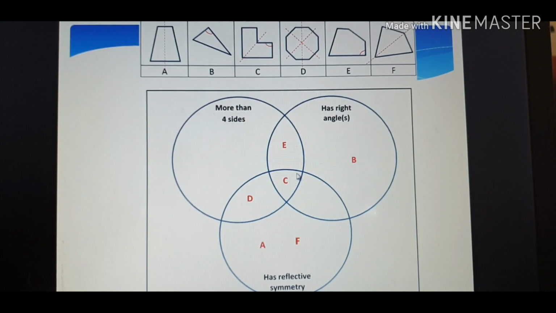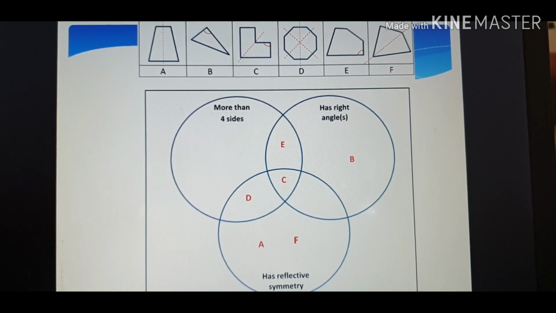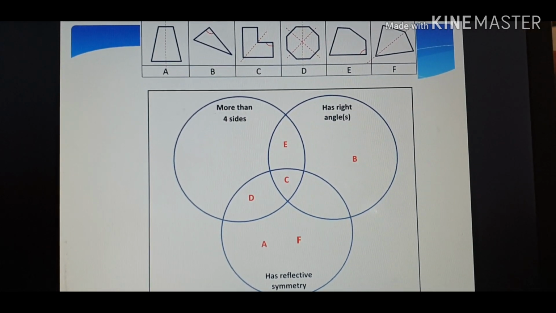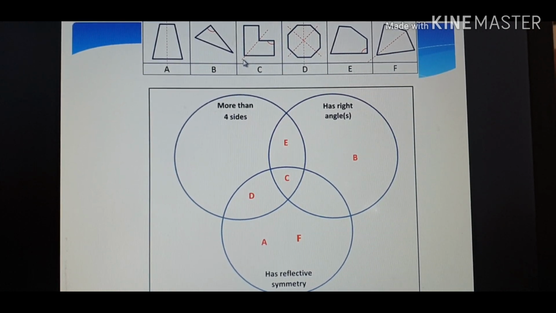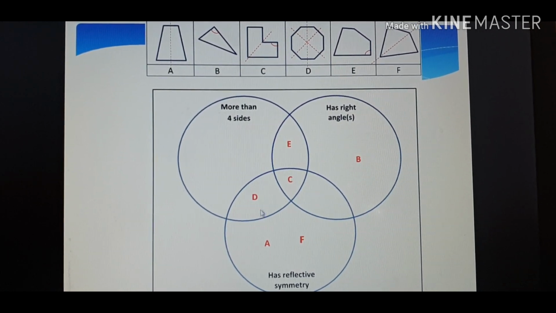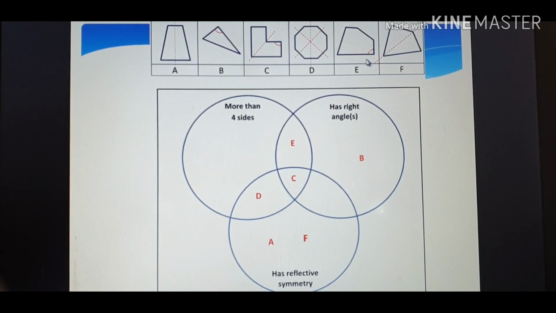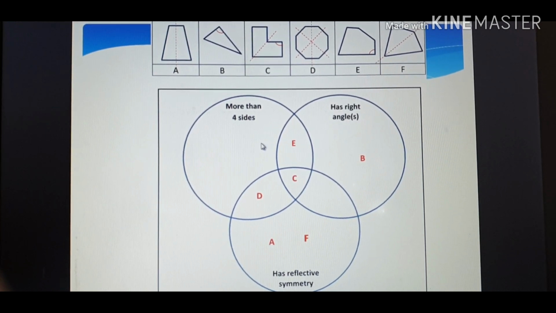C. D, more than 4 sides? Yes. Has right angles? No. Has a reflective symmetry? Yes. So it's between these 2 circles, more than 4 sides and reflective symmetry. E, more than 4 sides? Yes. Has a right angle?